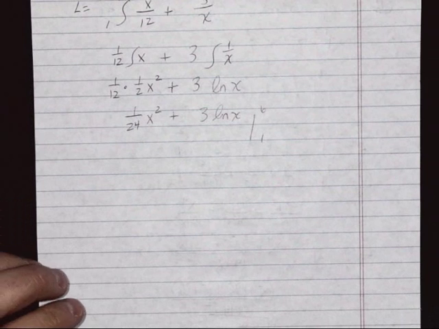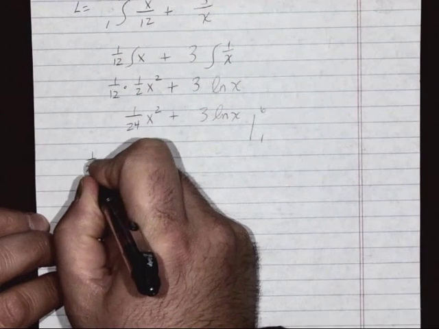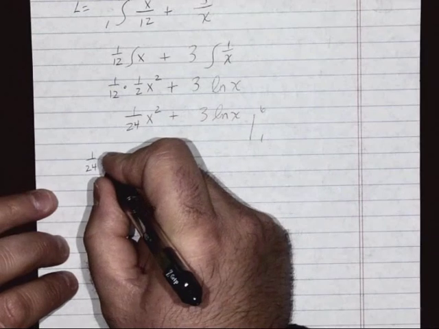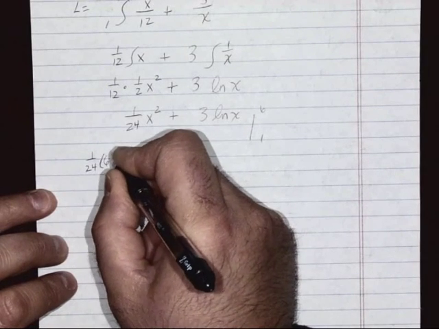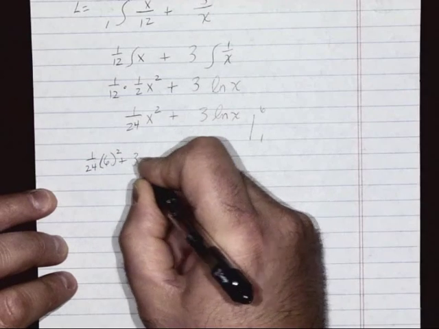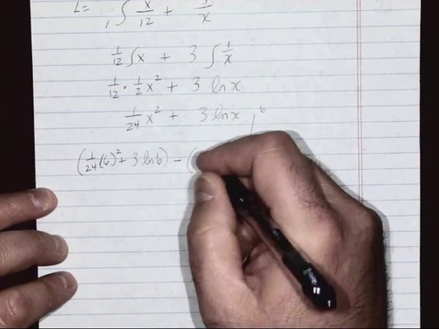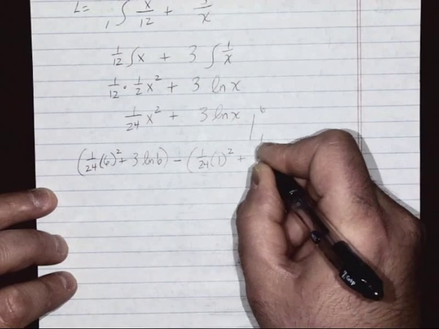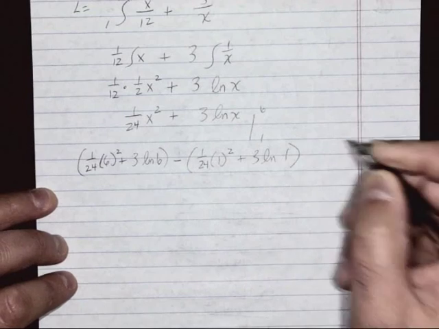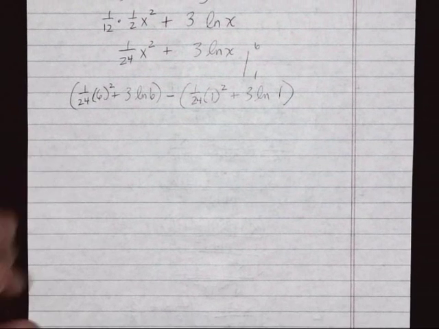So then we can put our 6 in here, and for x, put our 1 in here for x. And then we want to simplify, right?